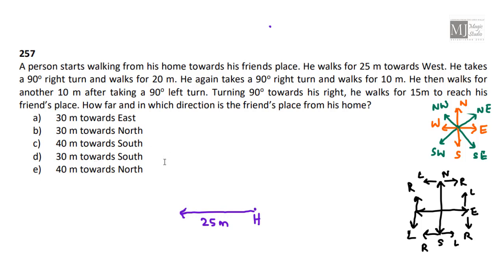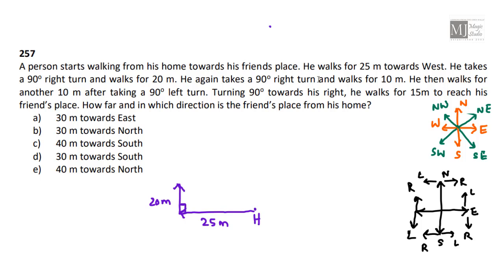Whenever they have mentioned 90-degree turn, the turn should always be in the right hand direction. So taken 90-degree turn and moving towards north now for 20 meters.